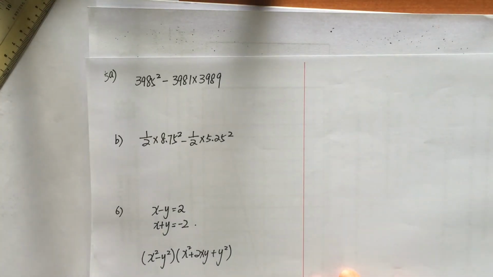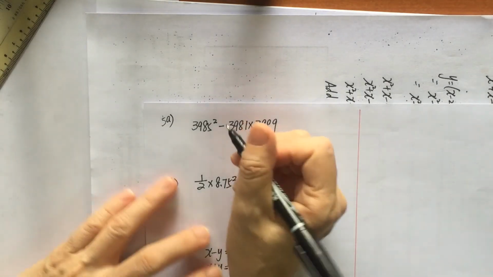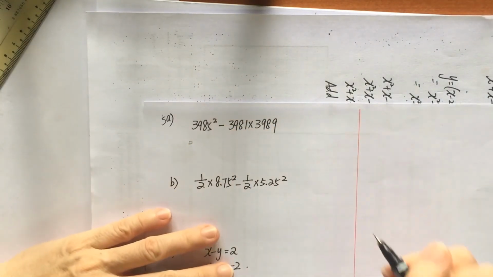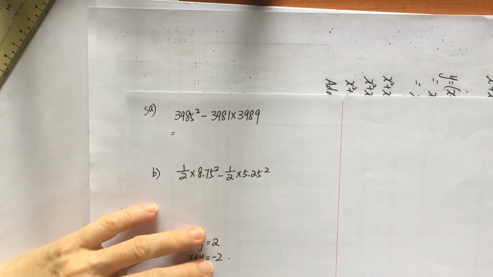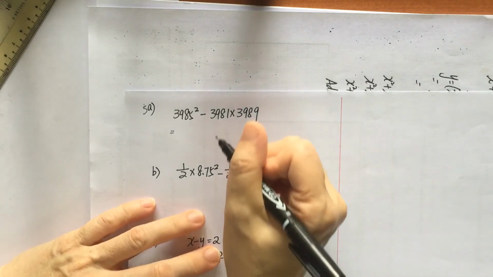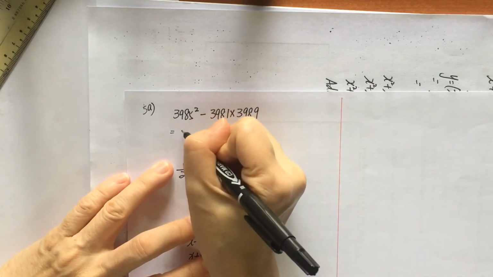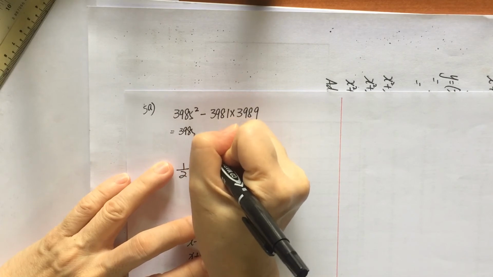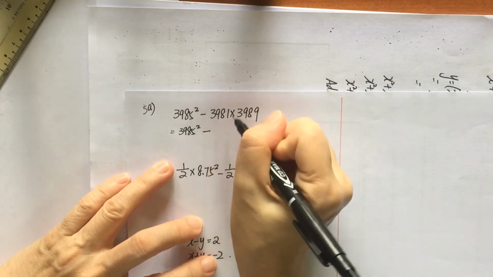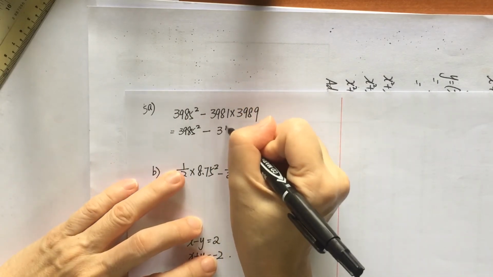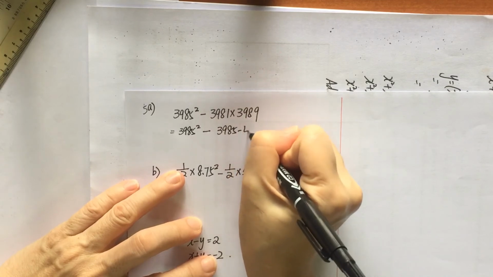Find out what is this value without using a calculator. Okay, so without using a calculator, I'm going to make it to be the same. Okay, so this is 3985 squared, cannot change. So can I change this to 3985 minus 4?